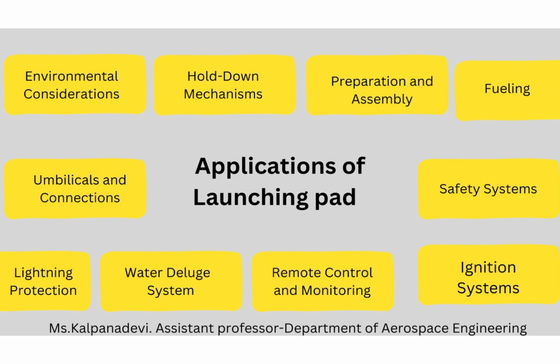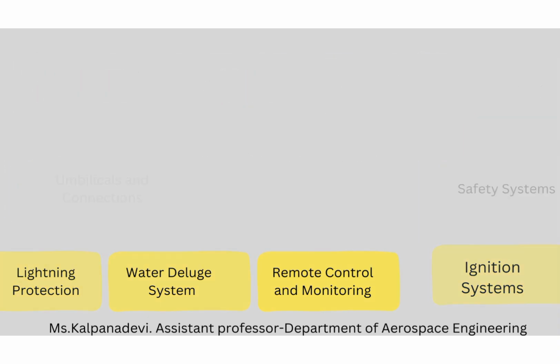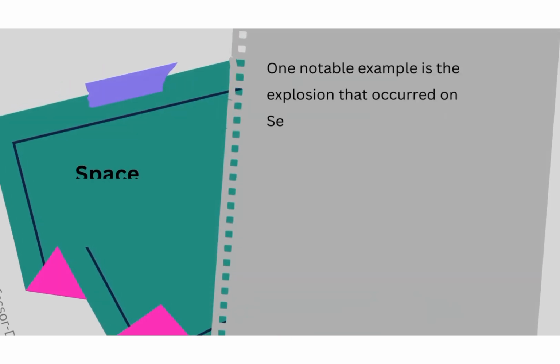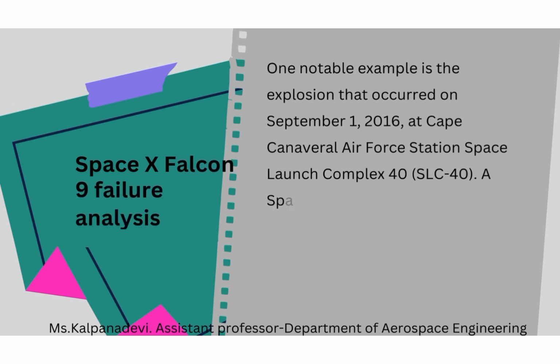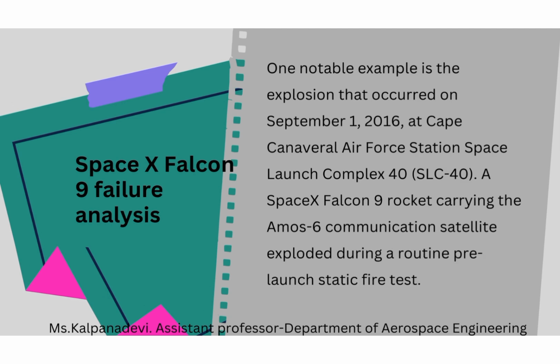This incident highlighted the importance of careful design, engineering and manufacturing processes, to ensure all the components of the rocket are properly understood. After that, several corrective measures were taken to address the issues that led to the incident.